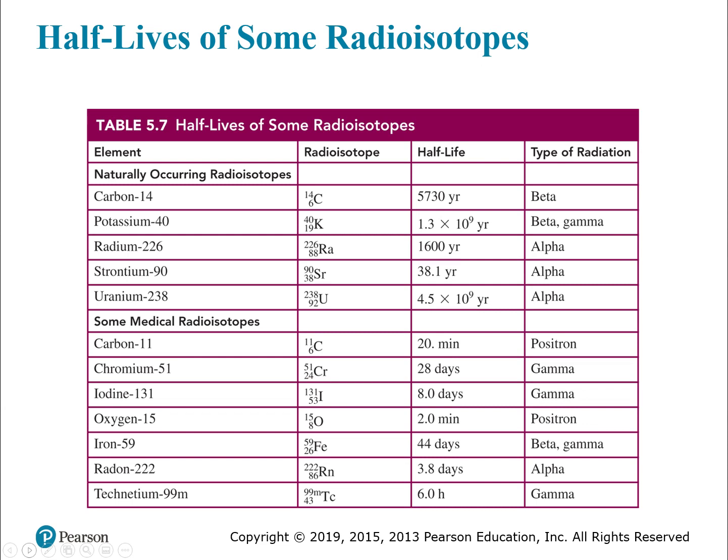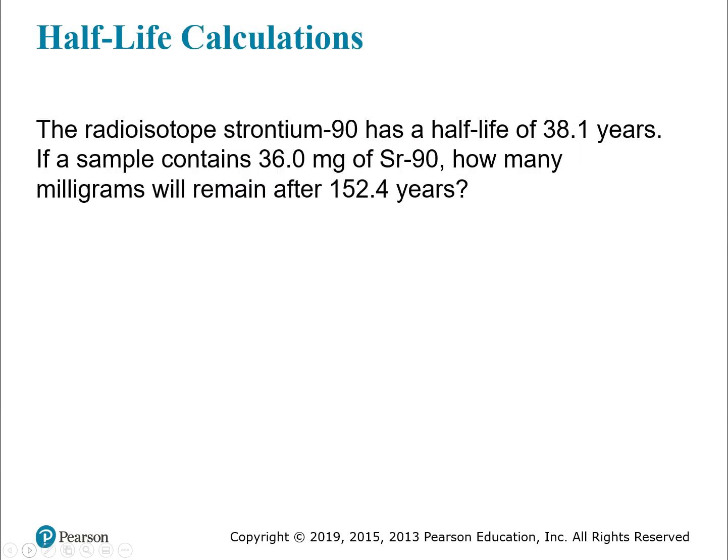This table has the half-lives of some radioactive isotopes. We've got naturally occurring ones like carbon-14, potassium-40, and then some medically relevant ones. You'll see the iodine 131 down here. We'll also probably talk about the technetium 99. But let's do a calculation.